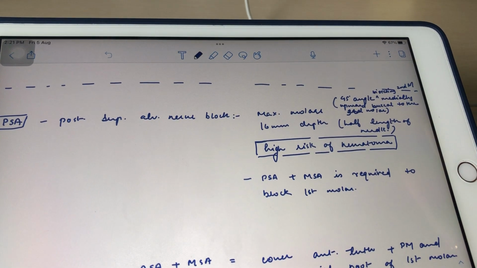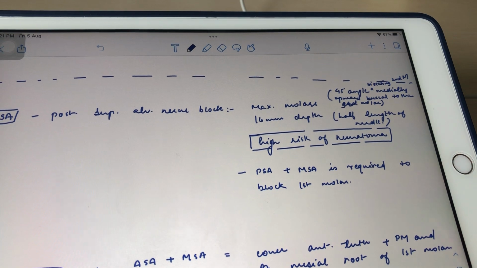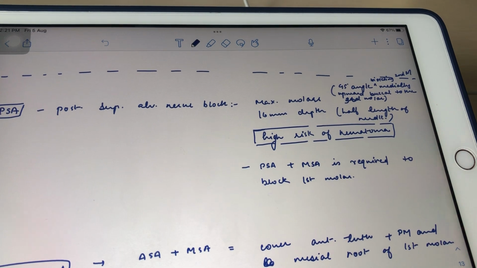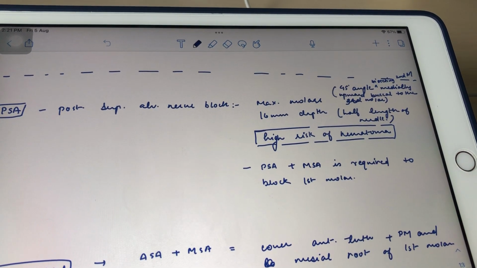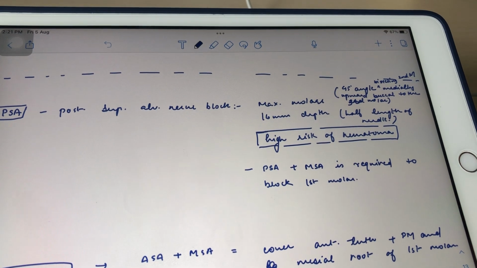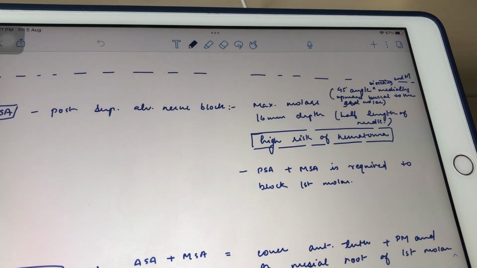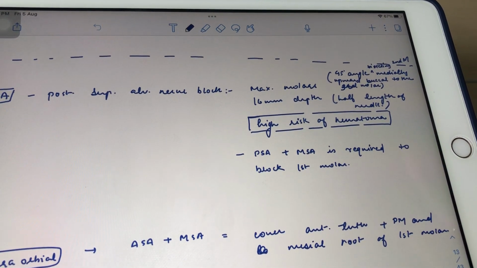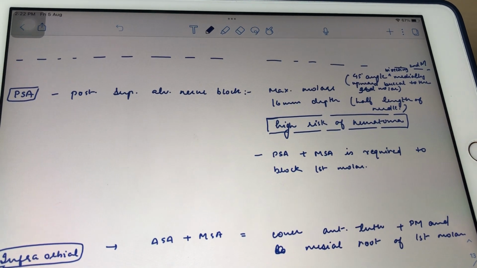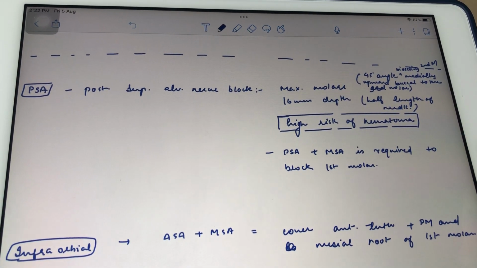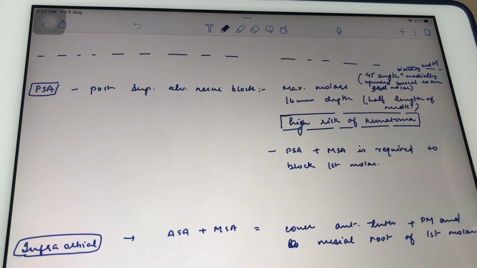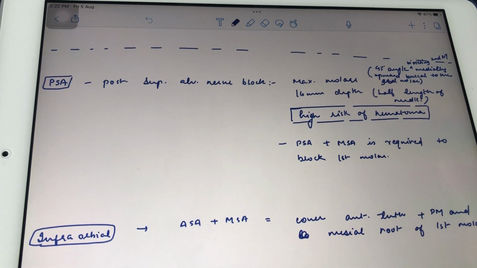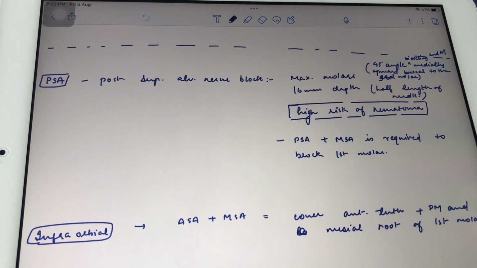A 16 mm needle depth should be there, and if you want to roughly see, then half of the length of the needle should be inside the tissue, but not too far, because it can cause rupture of the vessels in this area, which can cause hematoma formation, a very common complication of this block.